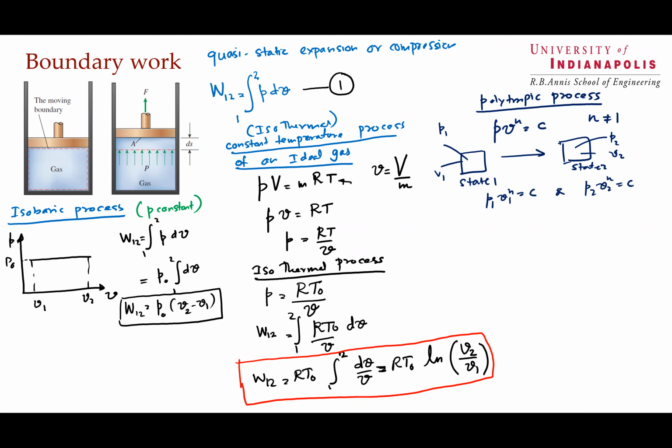Both equal to C, because that is a polytropic process and the states, pressures and properties should comply with that equation.